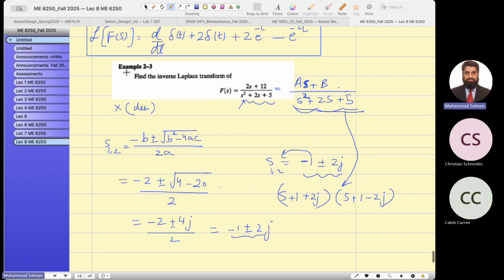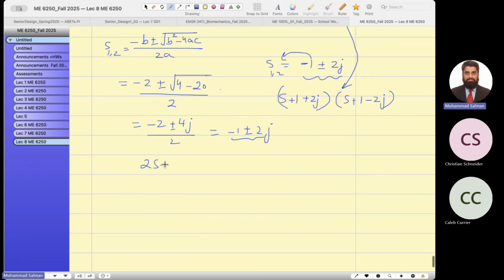And in the numerator, I'm going to show you what you're going to do. 2s plus 12 can be written like this: 2s plus 12 over s squared plus 2s plus 5.